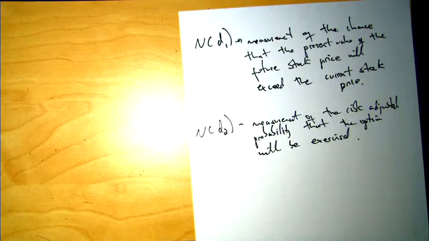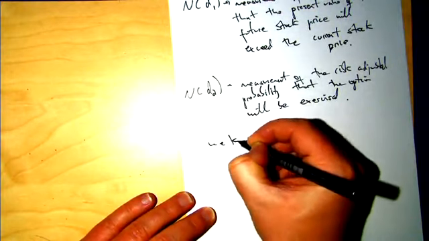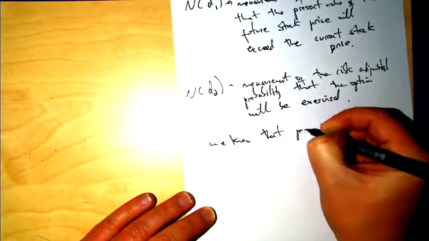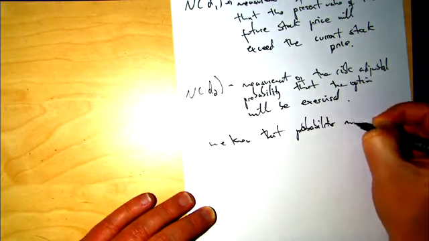Everyone okay with that? So N of D1 and N of D2 are for call options, because with call options we're worried about prices going up. For put options we're worried about prices going down. So that's why for put options you see N of negative D1 and N of negative D2. Okay, and the reason for that is that now we know that probabilities must add up to what?